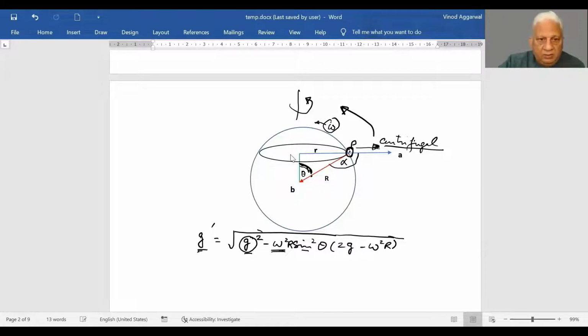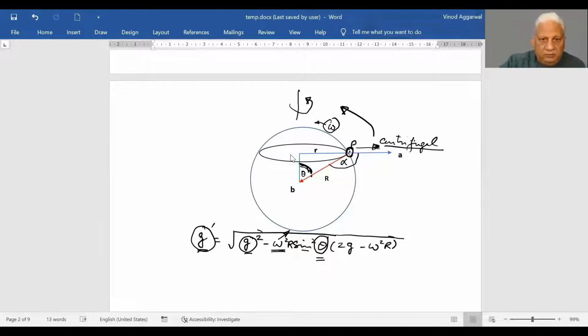So the apparent gravitational pull is given by this formula, which says that it will depend on our theta, the angle it makes with the vertical, and omega. Omega we can consider to be constant. So theta is the only variable.